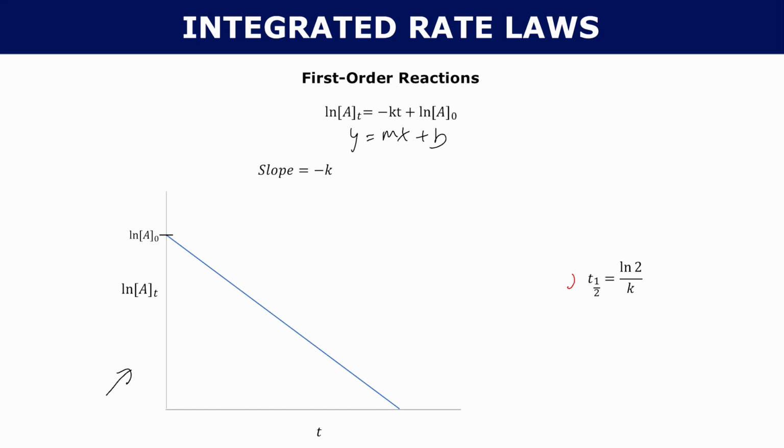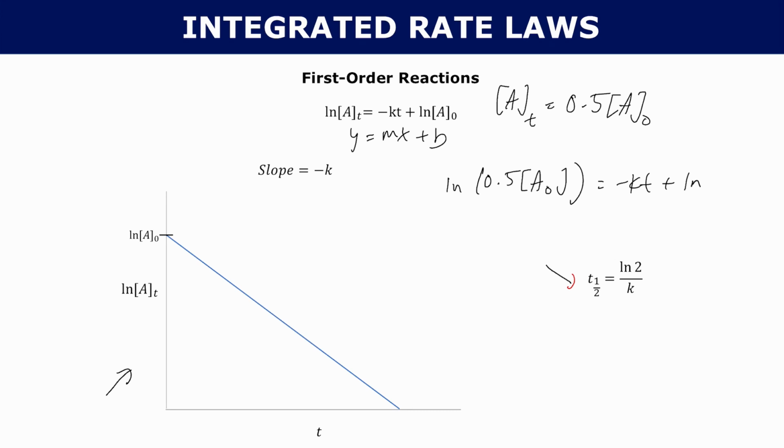All right, let's look at your half time. So you know that the concentration at some time t is just going to be 0.5 of your initial concentration. So if you plug that in, the natural log of 0.5 of your initial concentration is equal to minus kt plus the natural log of your initial concentration. And you can move this around a little.